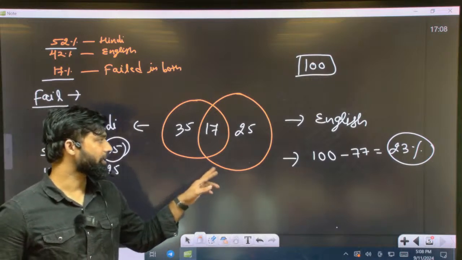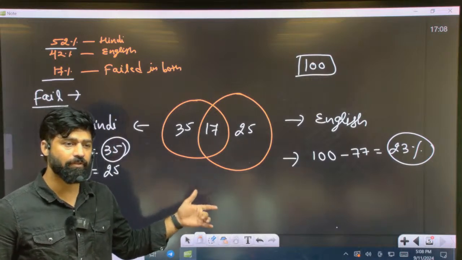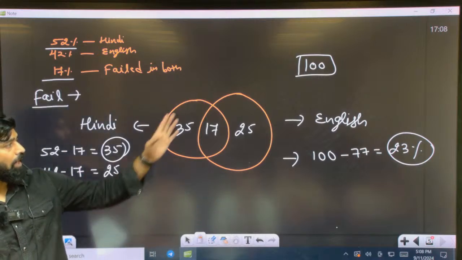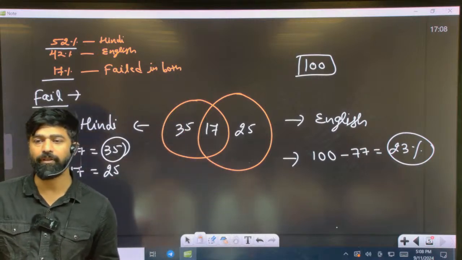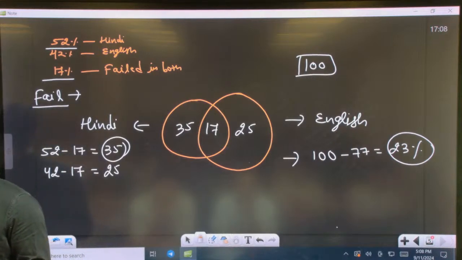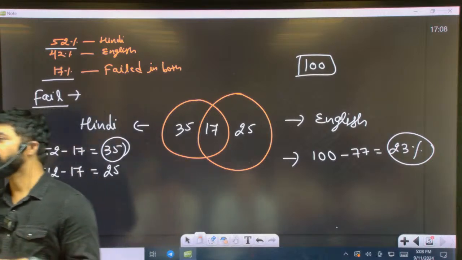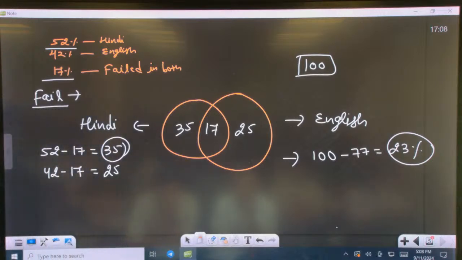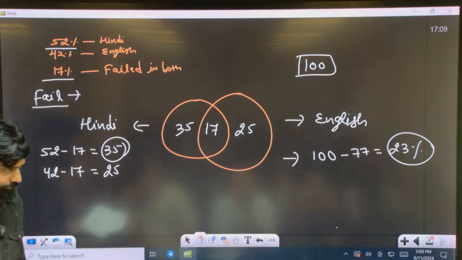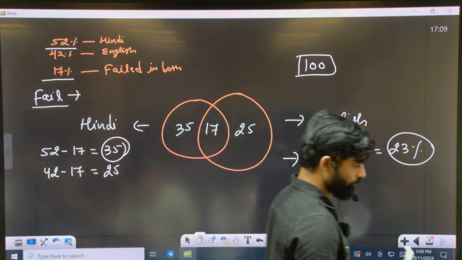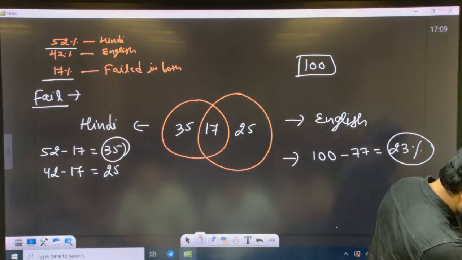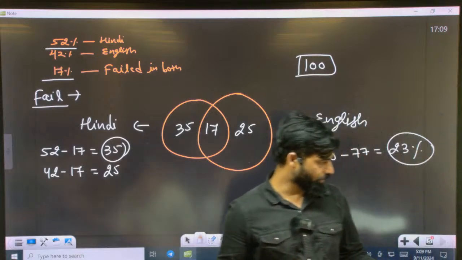And total 77 students are fail out of 100. So we can take 100 minus 77. What will be the number? 23. Any problem? I'm giving you one similar model. Just try to do it and write it down. 23%, 23%. Online students, very good.